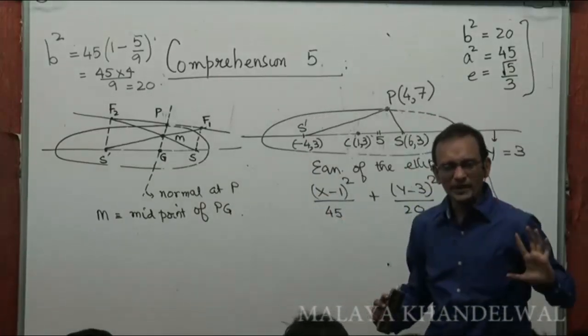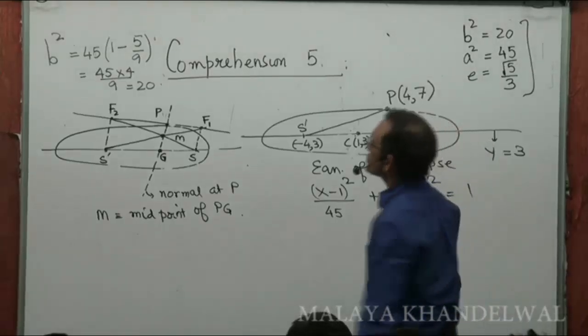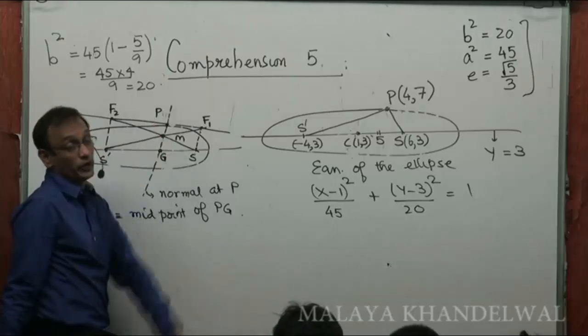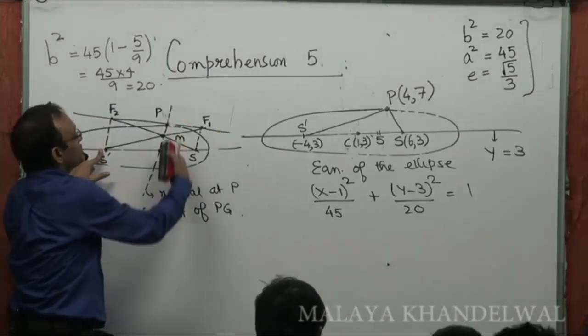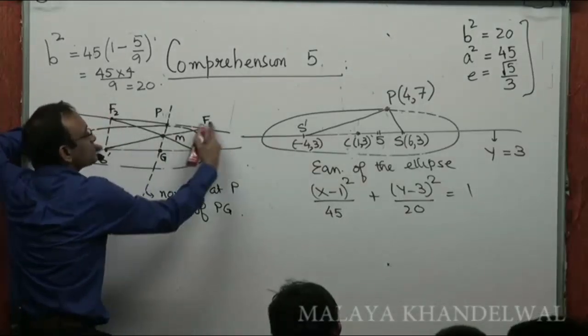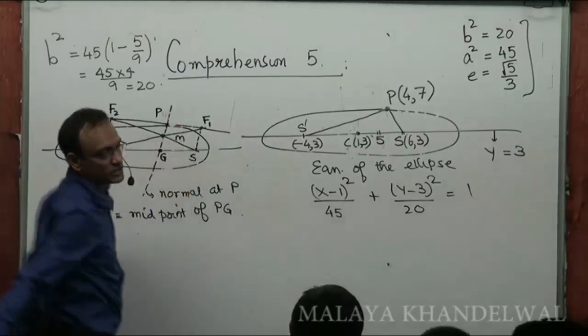Have you noted down the property before I establish it for you? So essentially, I'll have to draw the normal at P, and the midpoint of PG will be that required point M. That means PF1 will bisect PG. I'm sorry, S prime F1 will bisect PG. SF2 will bisect PG.